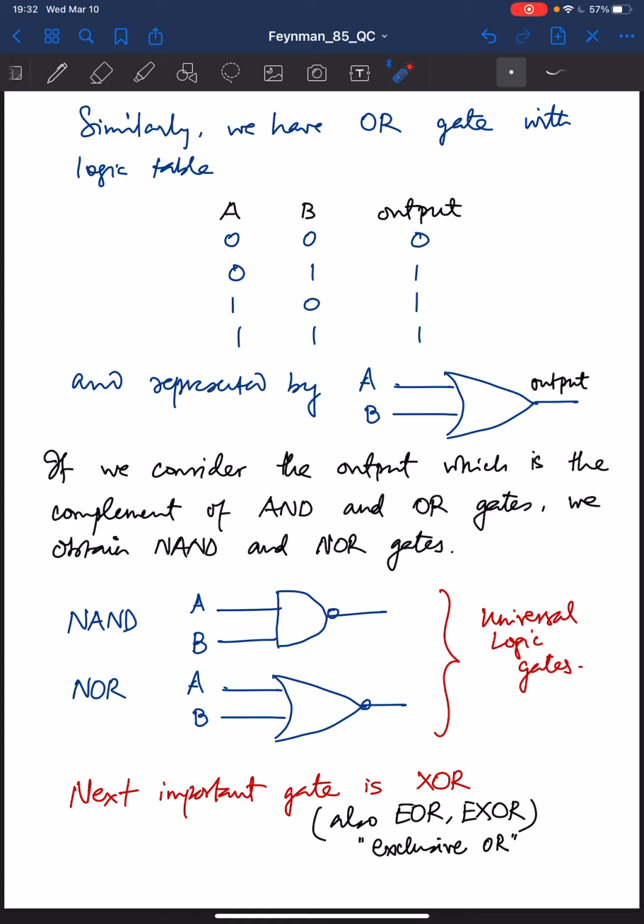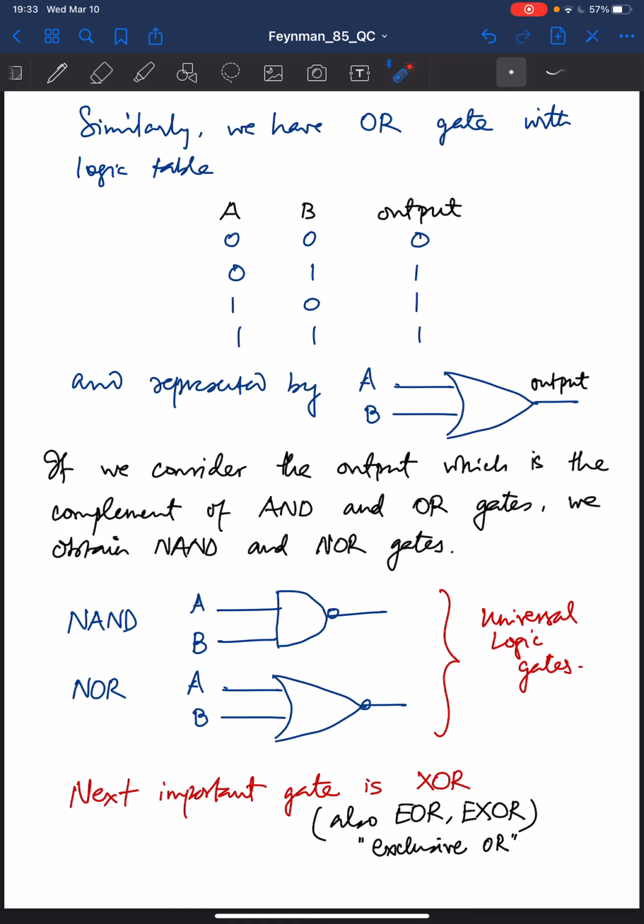The logic tables for NAND and NOR are like AND or OR, except that we take the complement of the output. So for example, a NOR gate will always be low, except when both the inputs are low. If both the inputs are low, then the output will be high in case of NOR gate. So it is completely opposite outputs for the corresponding AND or OR gates.